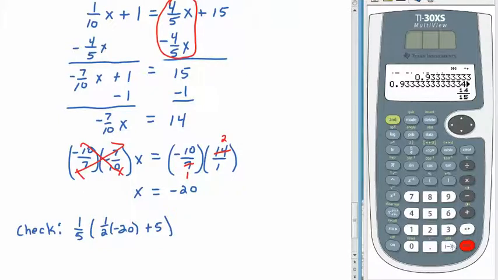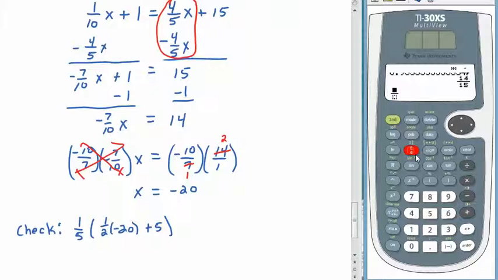Let's just see what the calculator has to say about that. So we'll grab our fraction template. We have 1/5 multiplied by 1/2. And that half is being multiplied by -20.